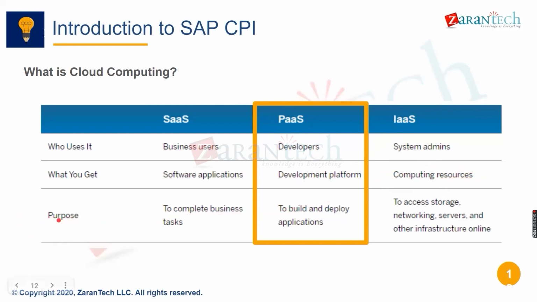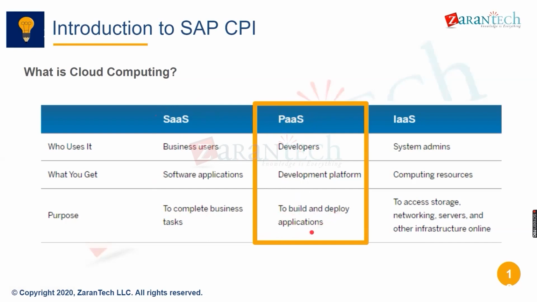Now, the main purpose of using software as a service, platform as a service and infrastructure as a service. The main use of software as a service is to complete the business task. As developers, or as a third-party vendor, what is your agenda? The business. That's why, to complete the business task, you use software as a service. Platform as a service is to build and deploy the application.